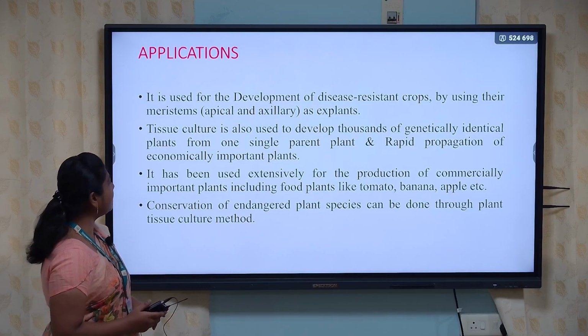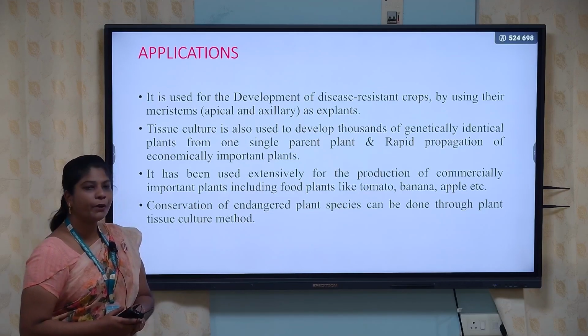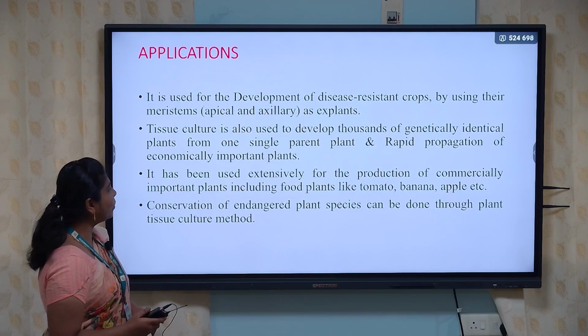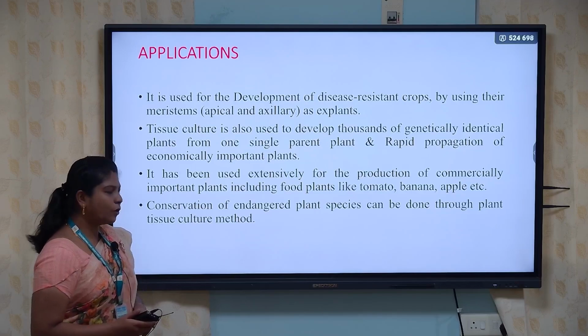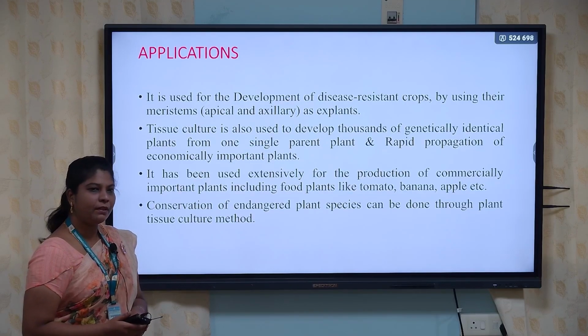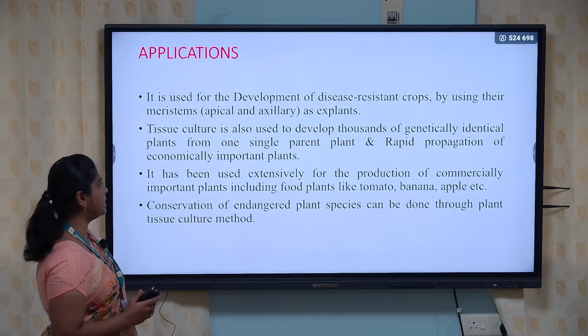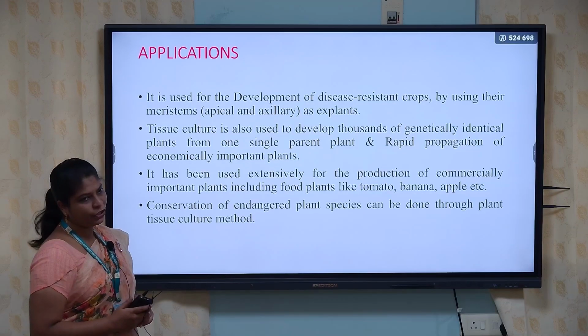It has been used extensively for the production of commercially important plants including food plants like tomato, banana, apple, etc. And conservation of endangered plant species can be done through tissue culture techniques.